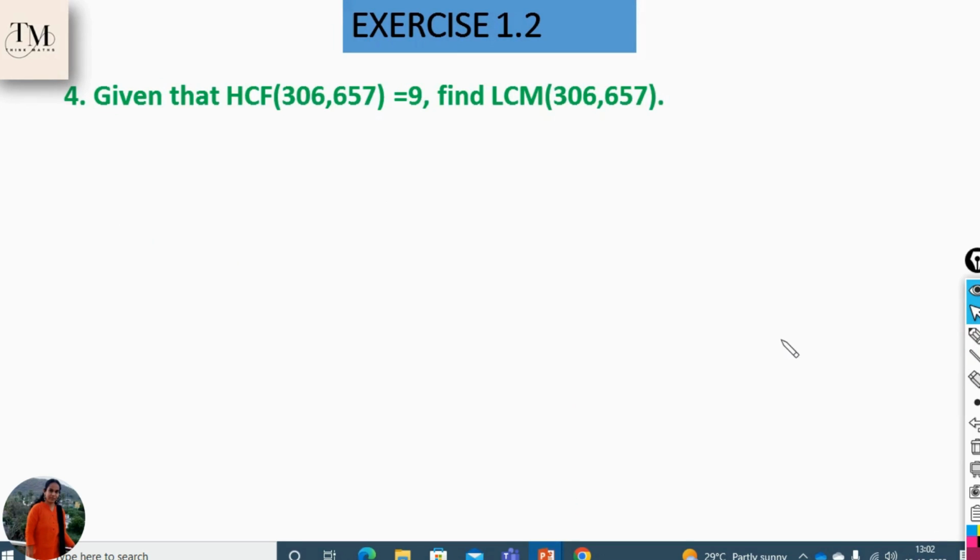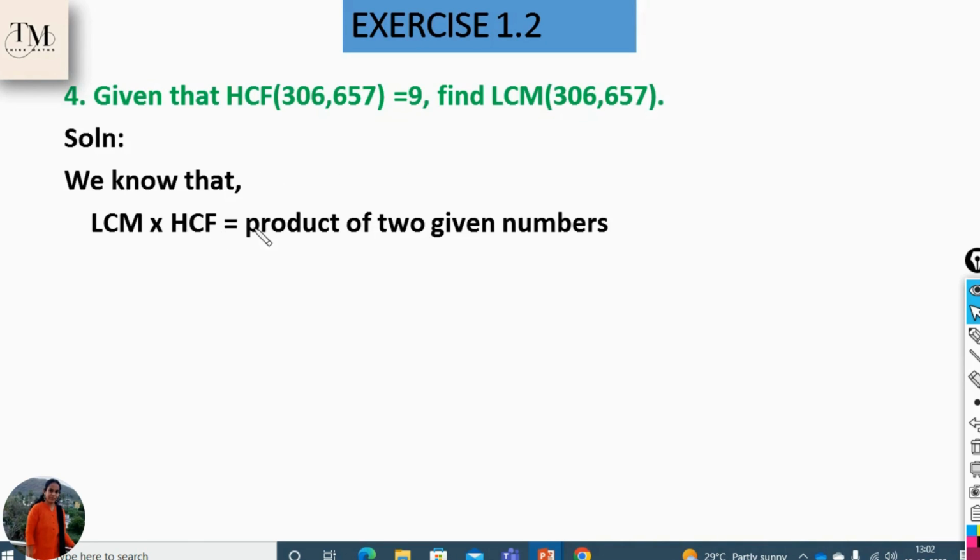Last problem for this session. Given that the HCF of 306 and 657 is 9, find the LCM of 306 and 657. We know that LCM into HCF equals the product of the two given numbers.